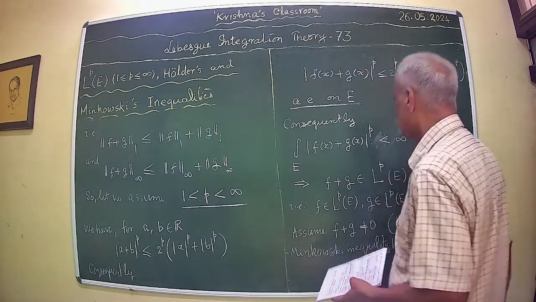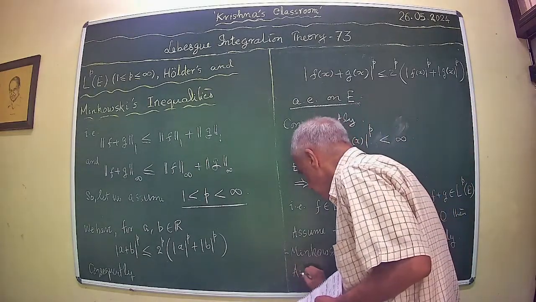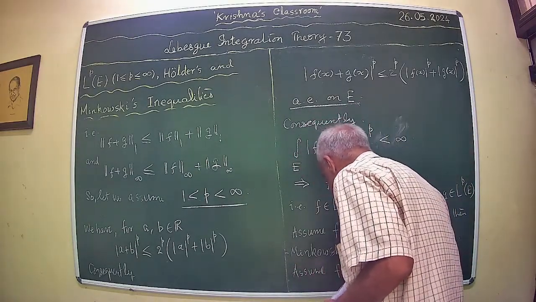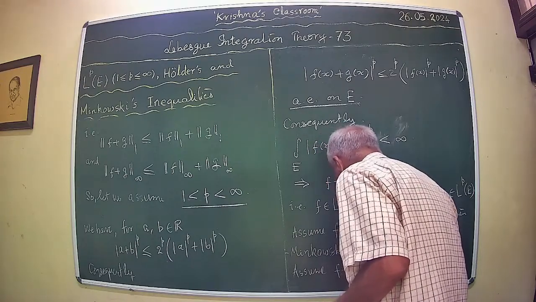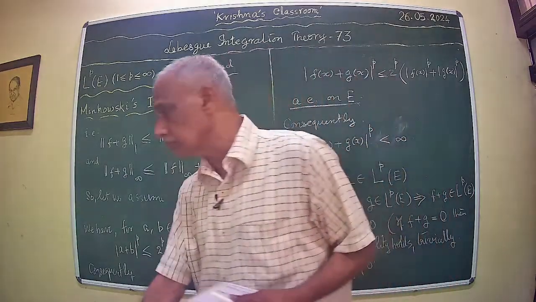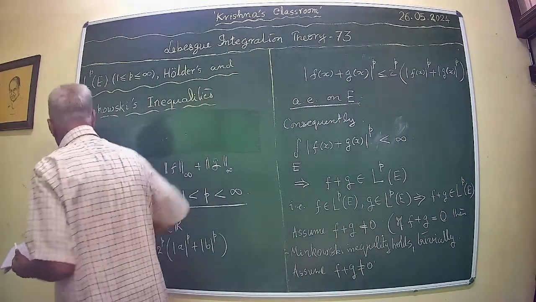Trivial. So assume F plus G is not equal to 0. That means almost everywhere.